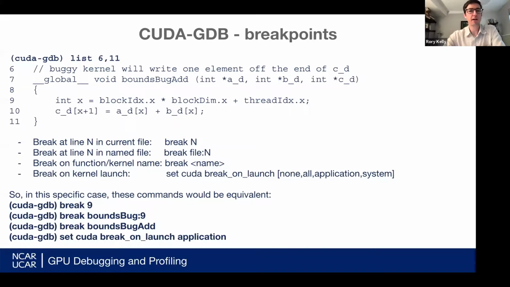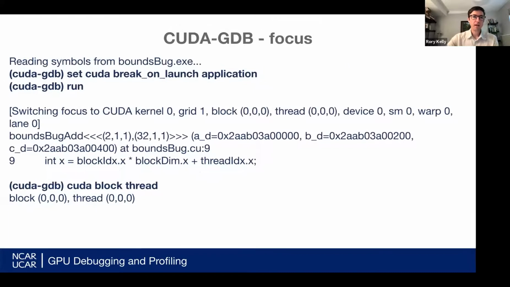You can say break on a particular line within a particular file if you have a multi-file code. You can say break on the name of a kernel or the name of a function, or you can set cuda break_on_launch, and then it'll break every time it enters a kernel. So all those commands below would be equivalent in this case. Breaking on line 9 or breaking on launch, they would all stop the program at the same spot.